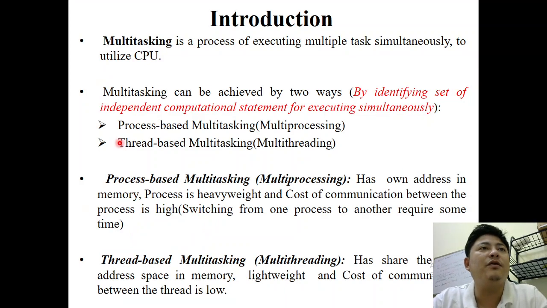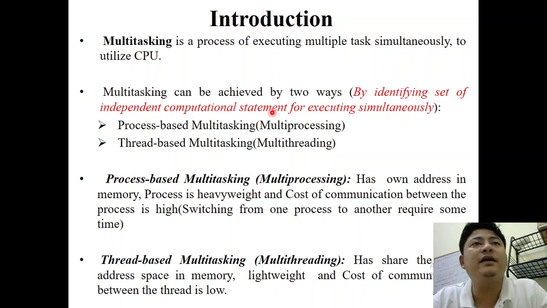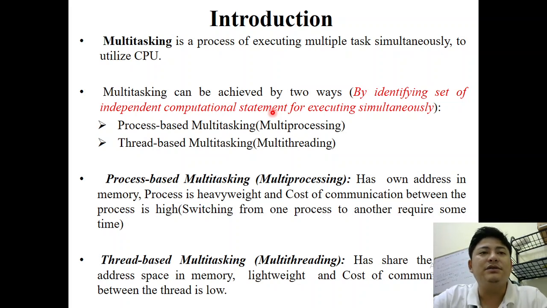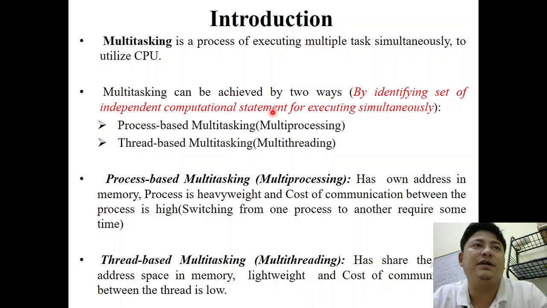That's the meaning of an independent computational statement. Identifying such statements is very important and crucial to perform multitasking. I hope I have made it clear. Matrix multiplication is a very good example for explaining the multitasking task.